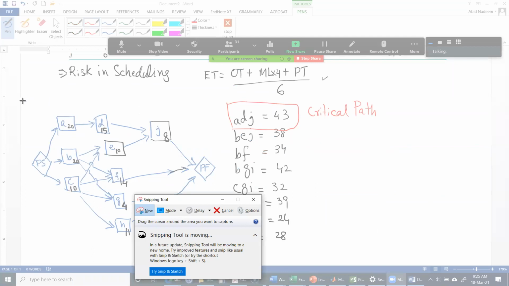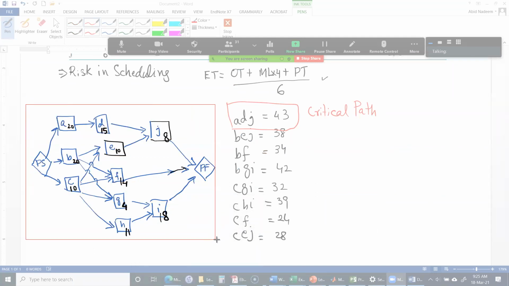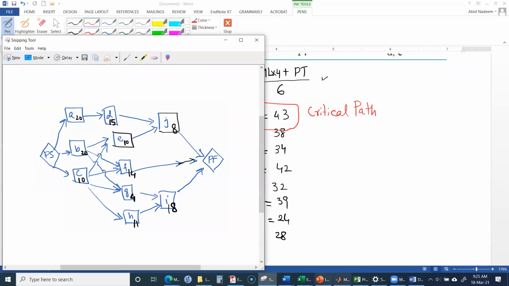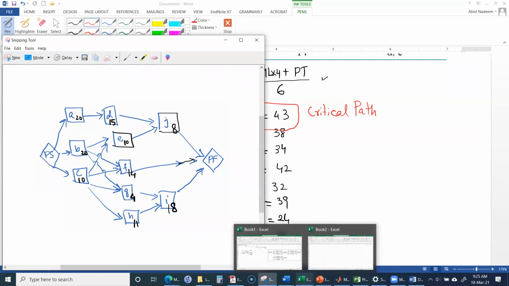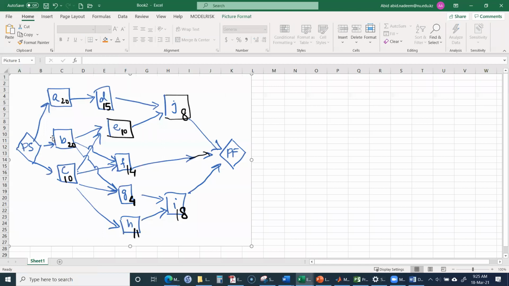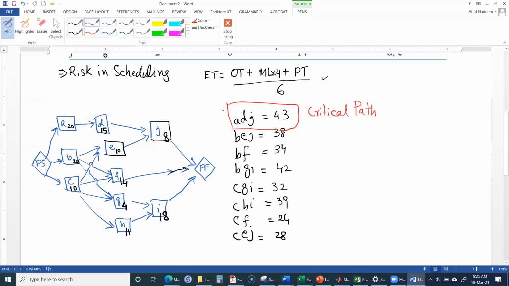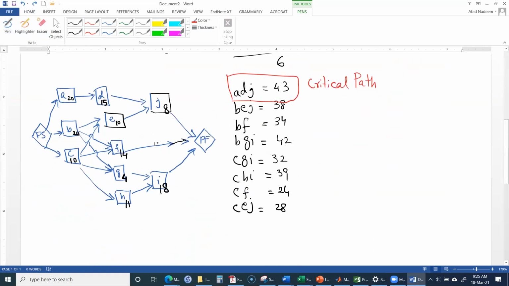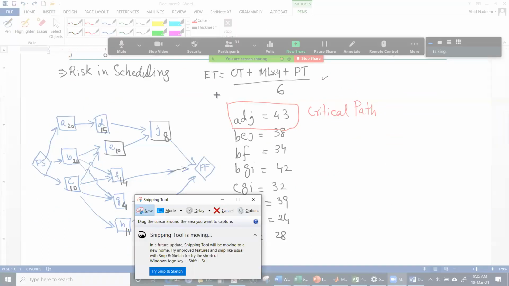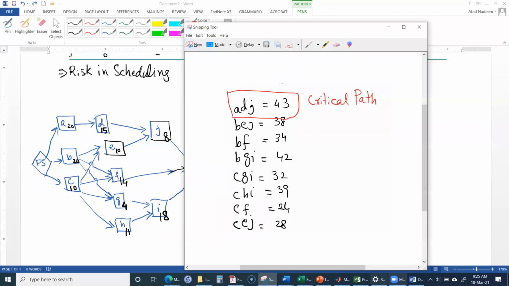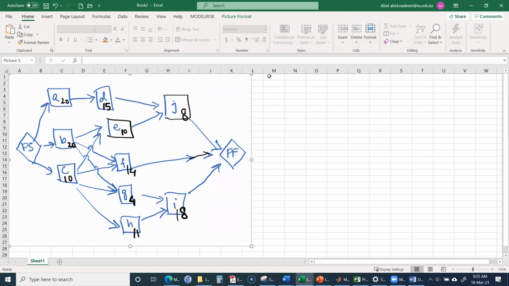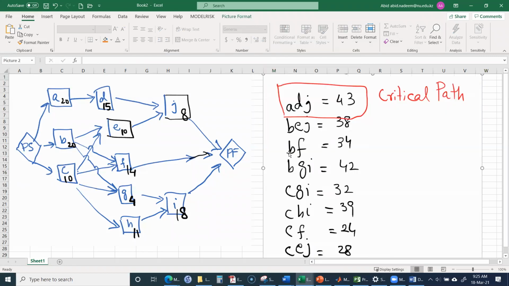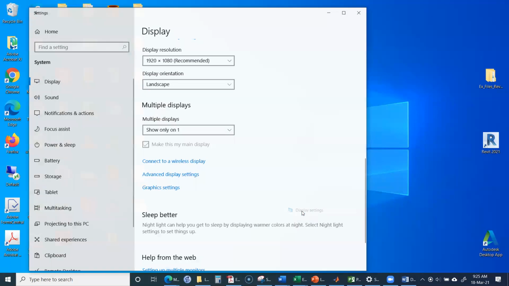Let me copy this, and then this other data, and copy it here.